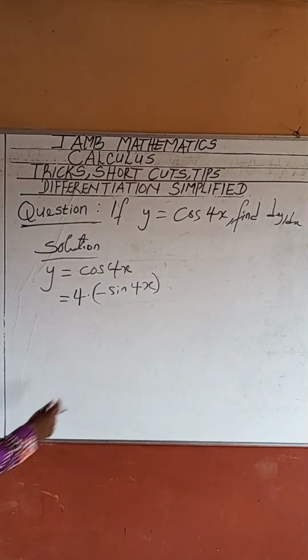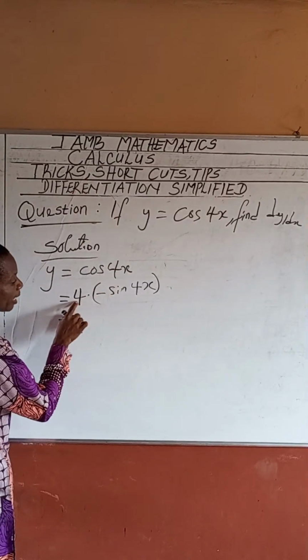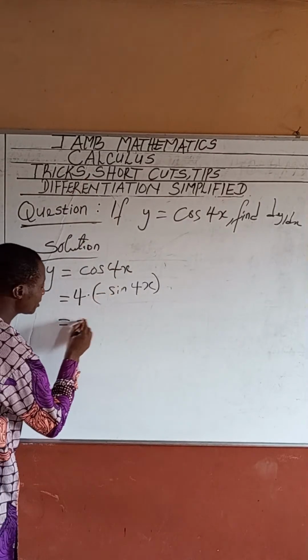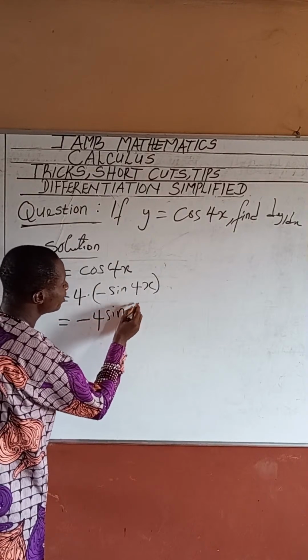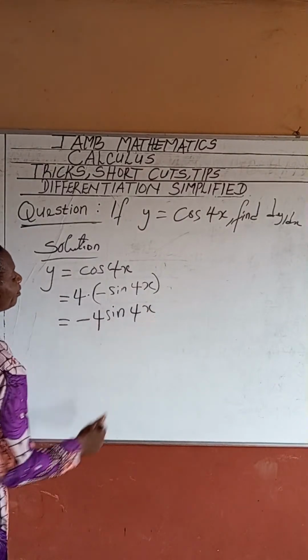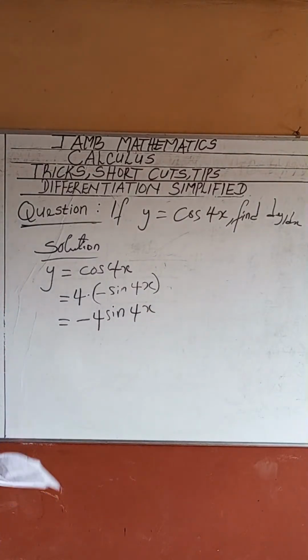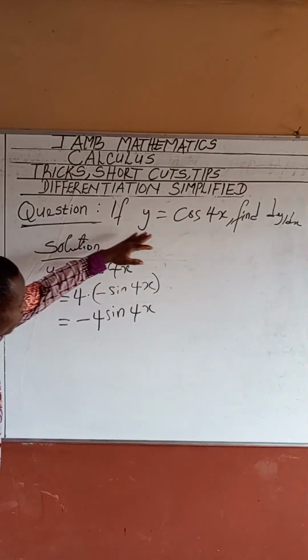We are now doing the normal thing, following the shortcut. So this is minus 4 sine 4x. This is the answer to this particular question.